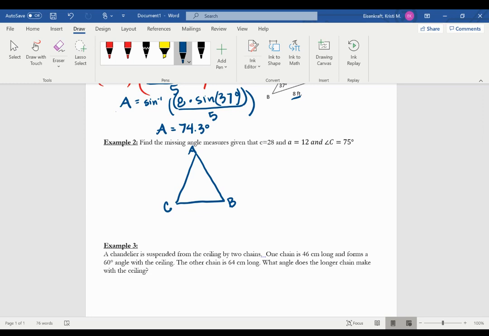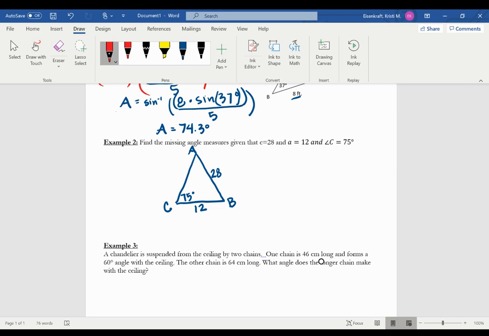Angle C is 75 degrees. I do not know angle A or angle B. I do know side C, which has to be across from angle C, has a length of 28. Side A has a length of 12, and that's all I know. So I need to figure out the two missing angles. I know nothing about B, so I need to start with finding A first.